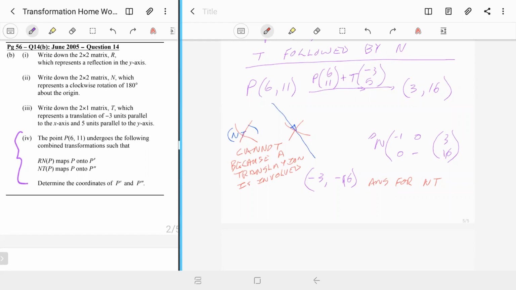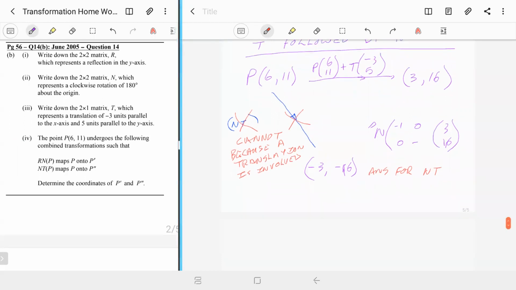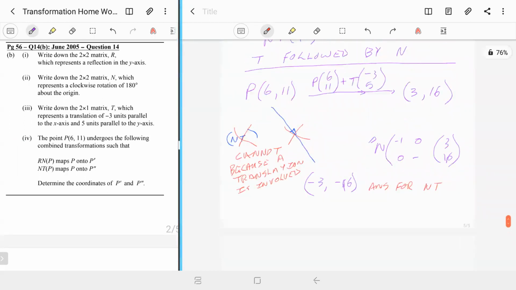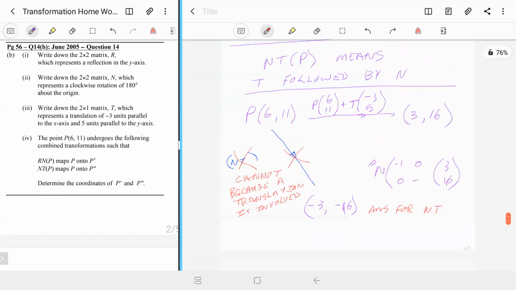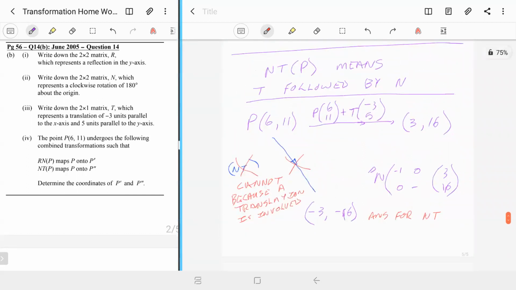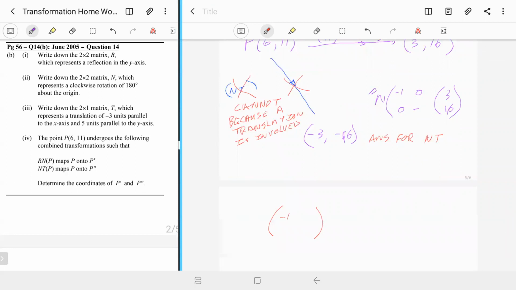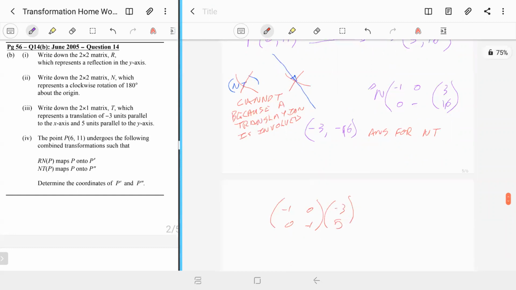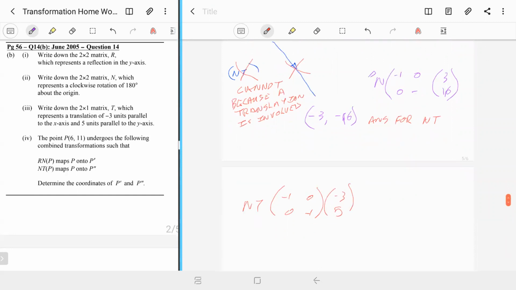And another reason why it couldn't work: since it is NT, we can actually multiply an N by a T, because that is possible.